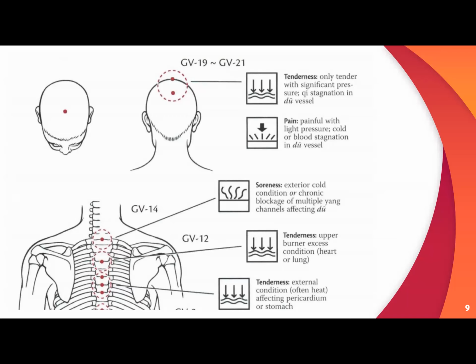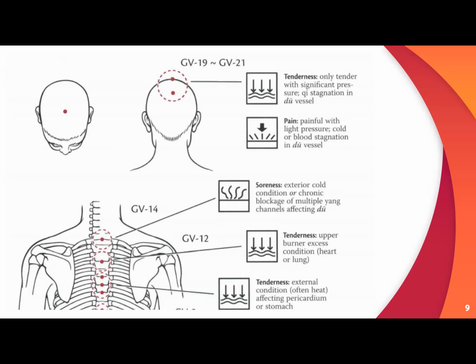If there is pain with light pressure, it could mean cold or blood stagnation in the Du vessel. As for GV14, if we can feel soreness, this means an exterior cold condition or chronic blockage of multiple yang channels affecting the Du meridian.